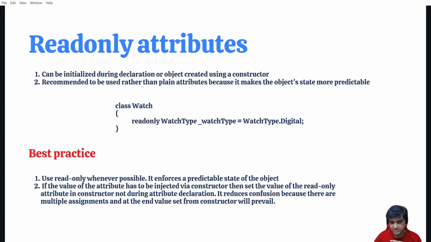There are use cases যেখানে আমরা যেতে পারি। So for example, আমরা এখানে যেটা দেখতে পাচ্ছি, একটা ওয়াচ আছে, ওয়াচের একটা টাইপ আছে, ওয়াচ বিভিন্ন টাইপের হতে পারে, এটা অ্যানালগ ডিজিটাল। So একটা ডিজিটাল ওয়াচ doesn't become an analog watch, or analog watch doesn't become a digital watch right away, right?